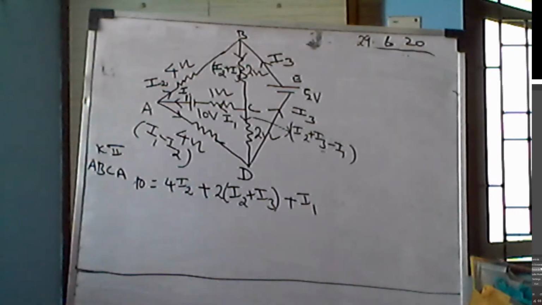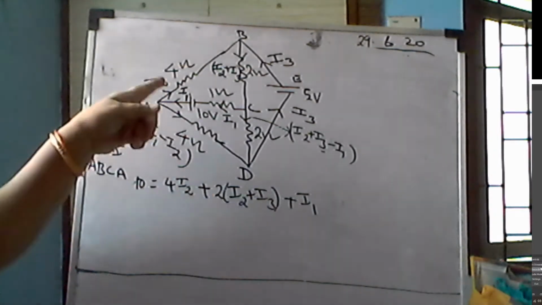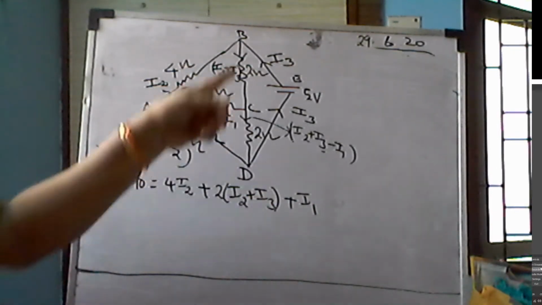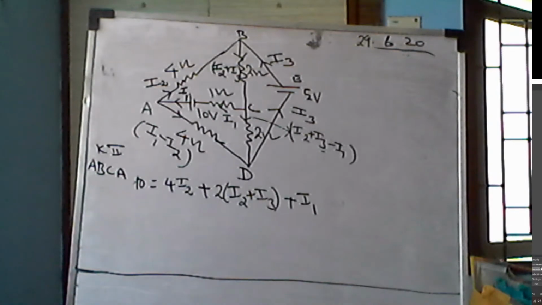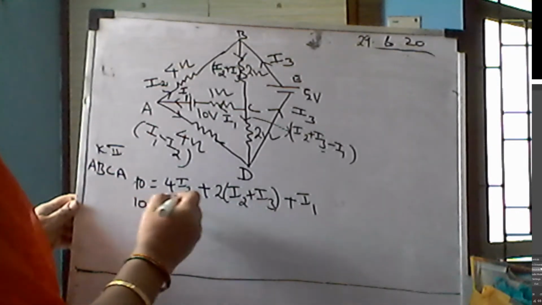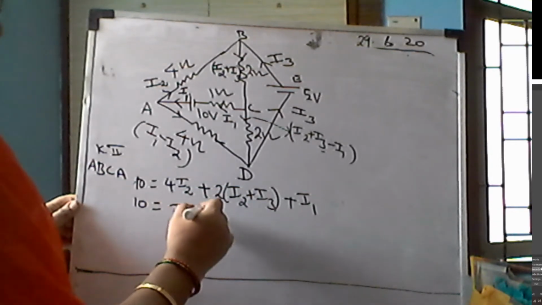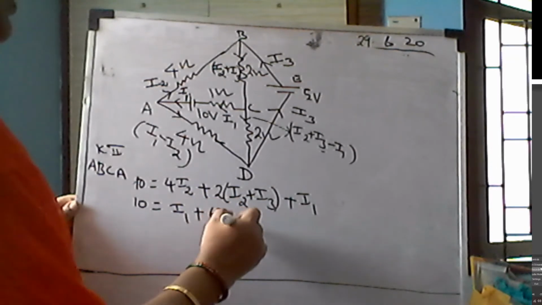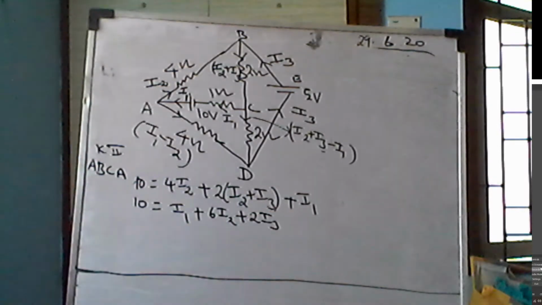This is one equation: 4I2 plus 2(I2 plus I3) plus I1 is equal to 10 volt. That is one equation, or in a way you can write this as 10 is equal to I1 plus 4 plus 2, 6I2 plus 2I3. This is one of the equations.